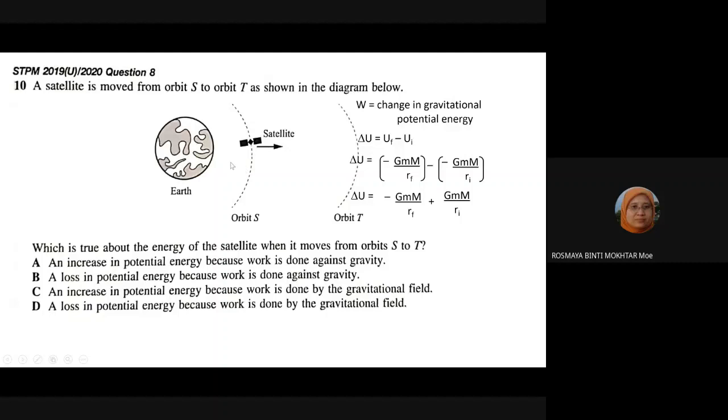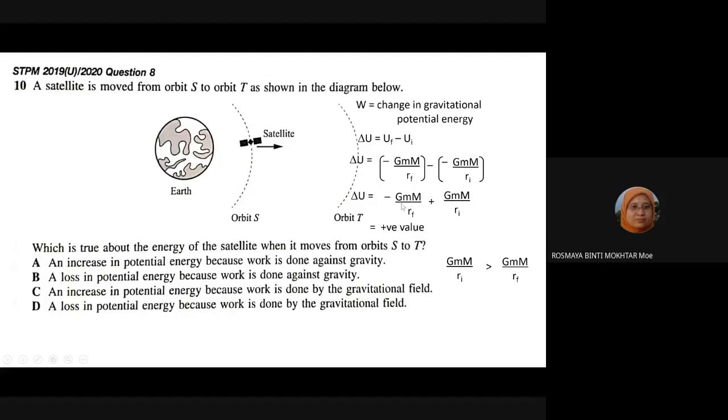As orbit S, initial has the smaller radius. That means GMm per r initial will be larger than GMm per r final, because the larger denominator gives a smaller whole term. Understand? So therefore, we get an answer for this equation that is always a positive value.